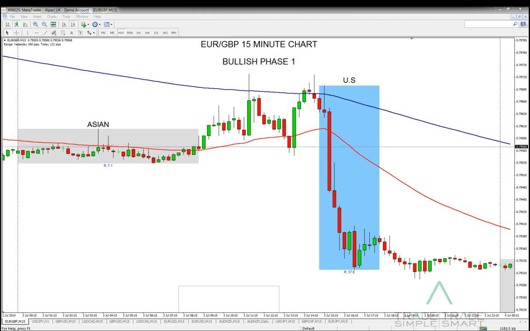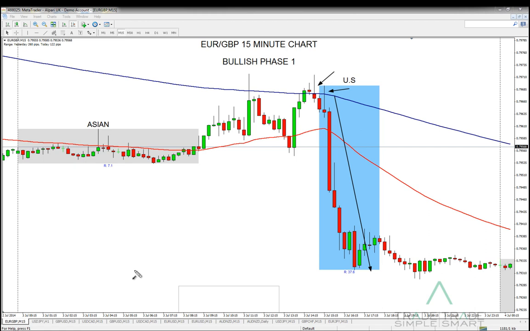Now, in this example, the manipulation and the move of the trend doesn't take place until the US session. We can see that they throw a hammer just through the level and price is quickly rejected, and then 15 minutes into the US session they throw the second pin, and then this pressure is sold into rapidly and we see a move to the downside.